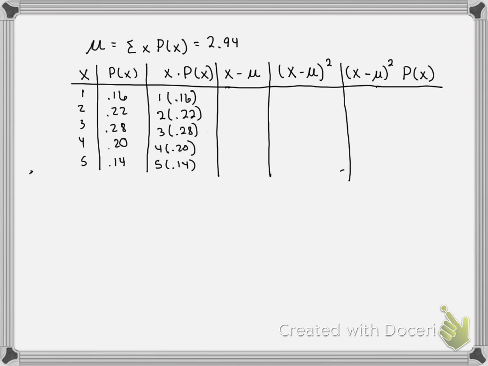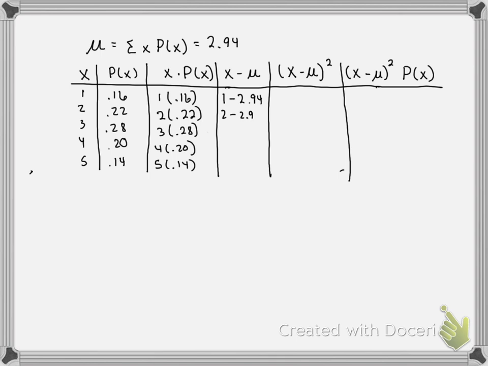So the first thing that we are going to do is take x, so that would be 1 minus our 2.94. That is what goes into this math right there. Then it would be 2 minus the 2.94, etc. Okay?